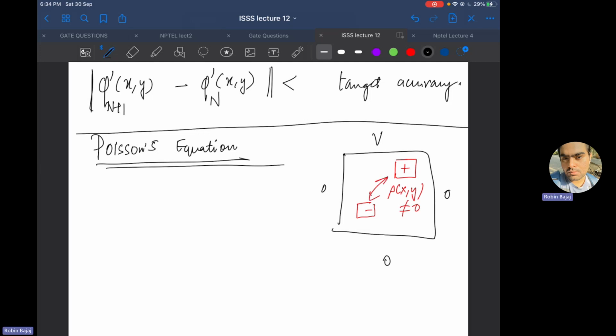Fine. So then in such cases, what would be the change? It's basically your Laplace equation is now this equation. Now in 2D, again the solution would be this.